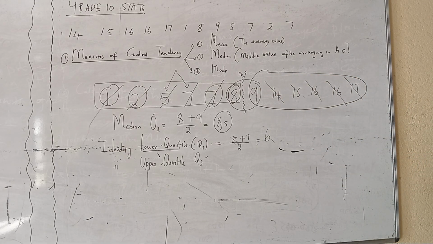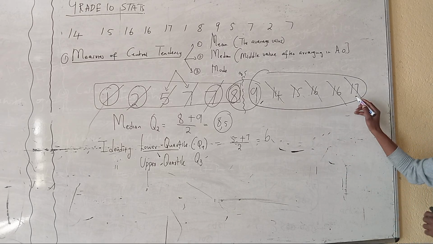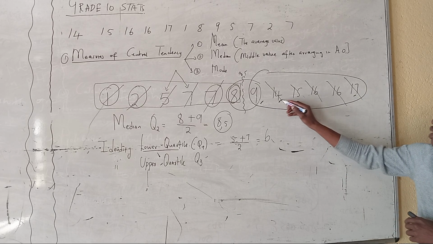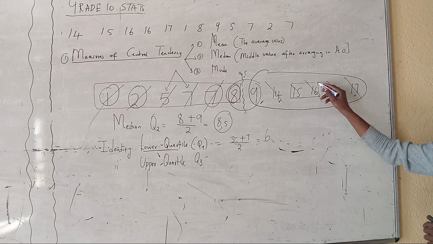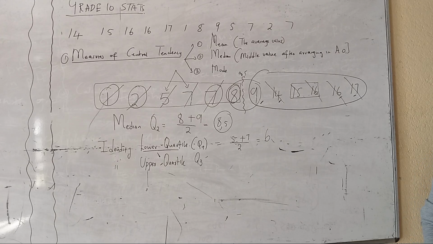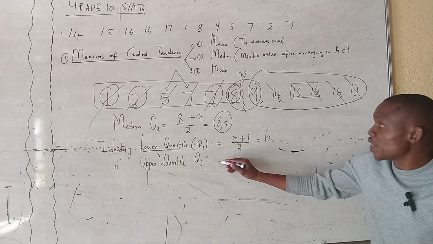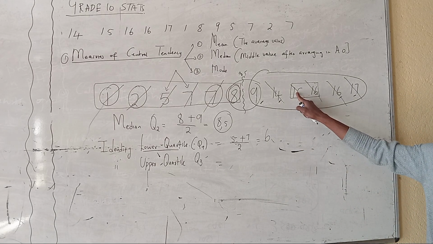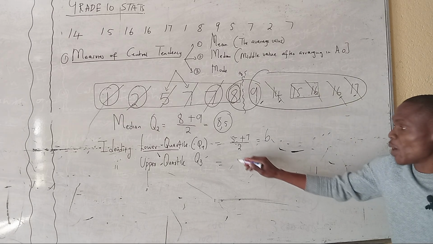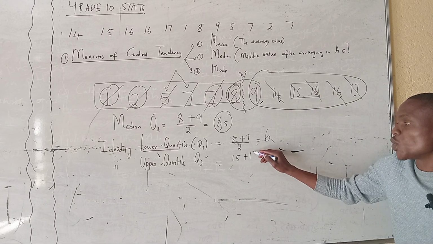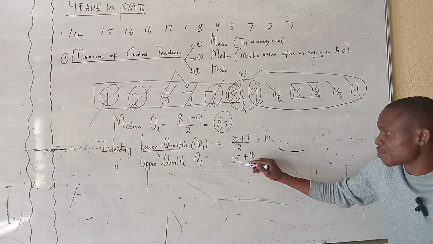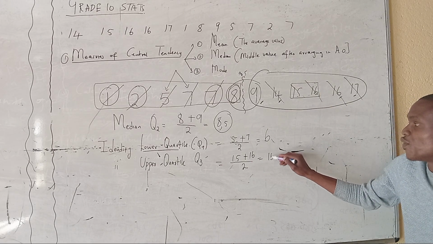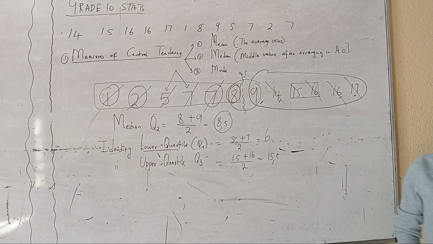Which number do we have in the median? 9 goes with 17, 14, 16. So I'm left with these 2 guys in the median. So what is my Q3? My Q3 is going to be 15 plus 16 divided by 2. So Q3 is between 15 and 16, which is how much? 15,5.